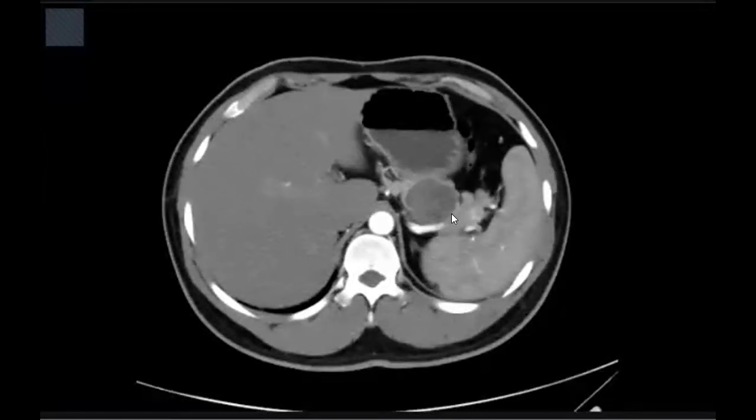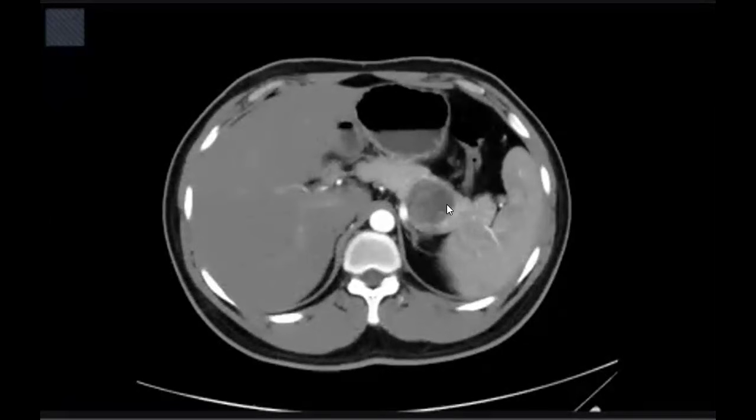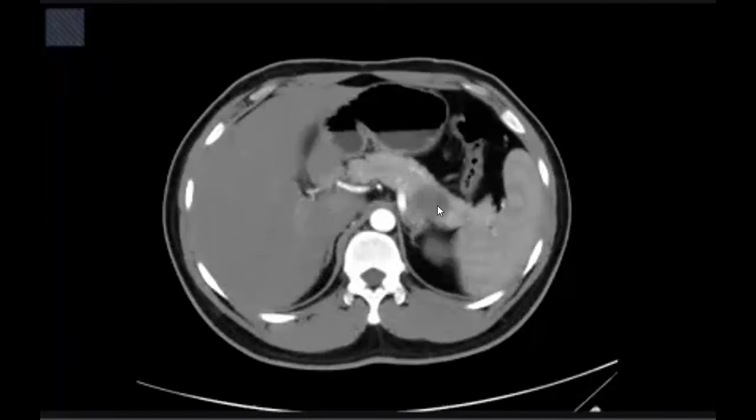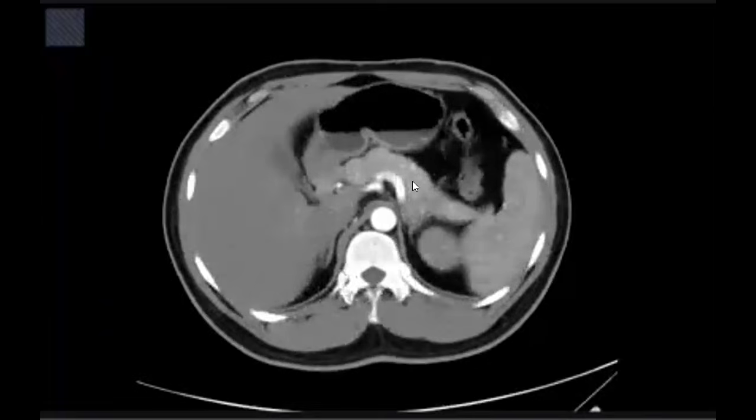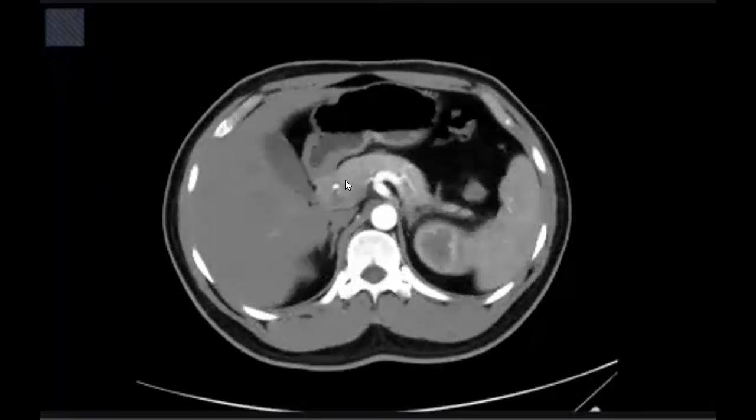At this point, I can appreciate that the lesion appears cystic with maybe some solid component, and it is well defined and rounded. There is no evidence of any pancreatic duct dilatation, and no evidence of any intrahepatic biliary channel dilatation. So this looks more like a benign lesion, not adenocarcinoma.